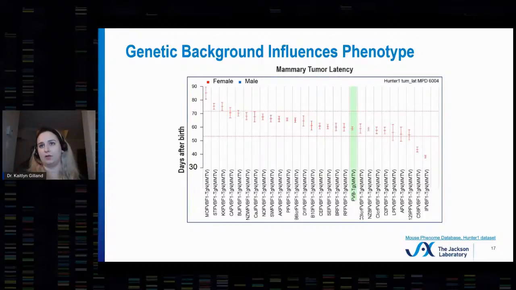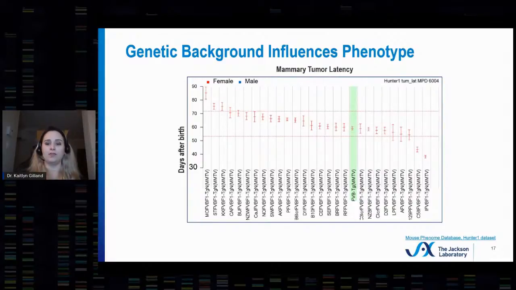Or on the opposite end of the spectrum here, mice that were back crossed one generation to the ILNJ female showed a much more rapid increase in tumor development.